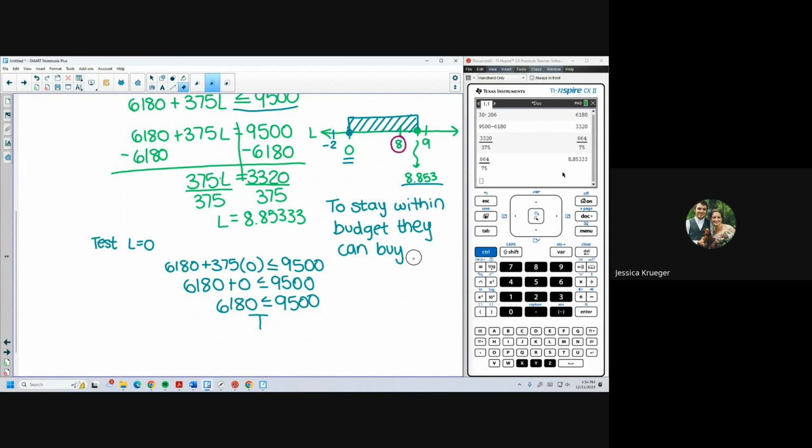So I would say they can buy at most 8 lab kits. Okay. So they can buy at most 8.